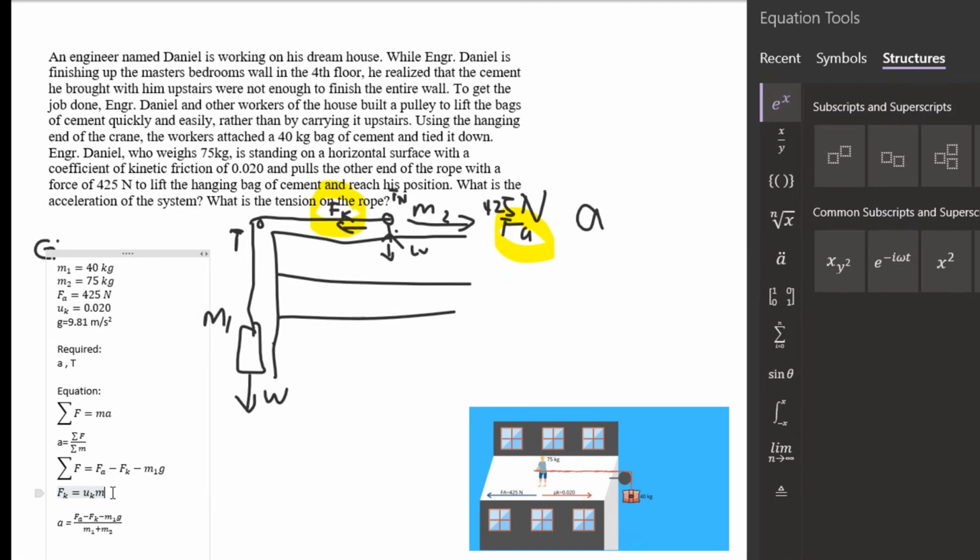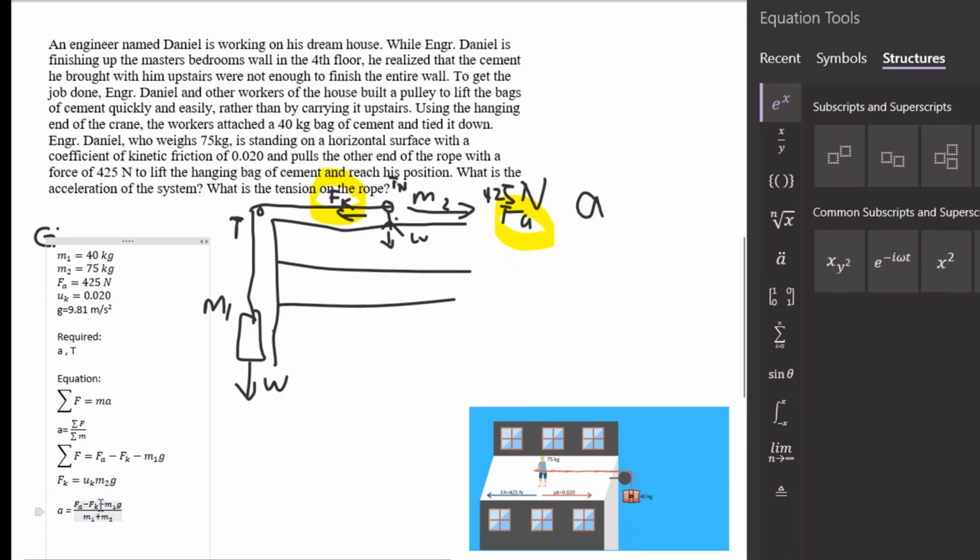So meaning we're going to utilize the mass sub 2 times the gravity. Right. So this one is the weight of the object.